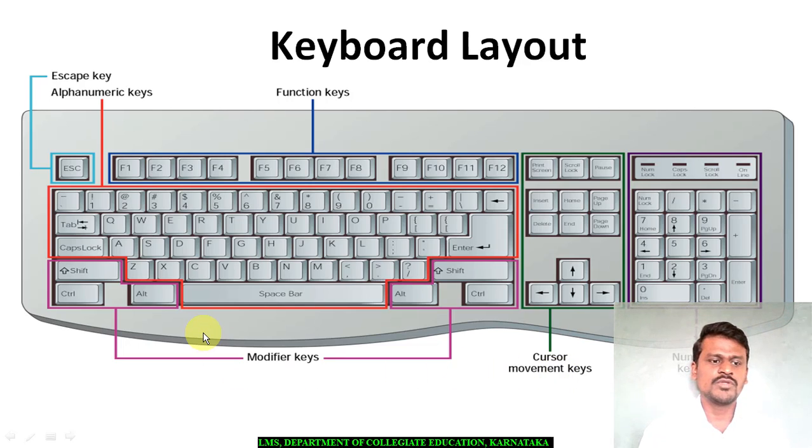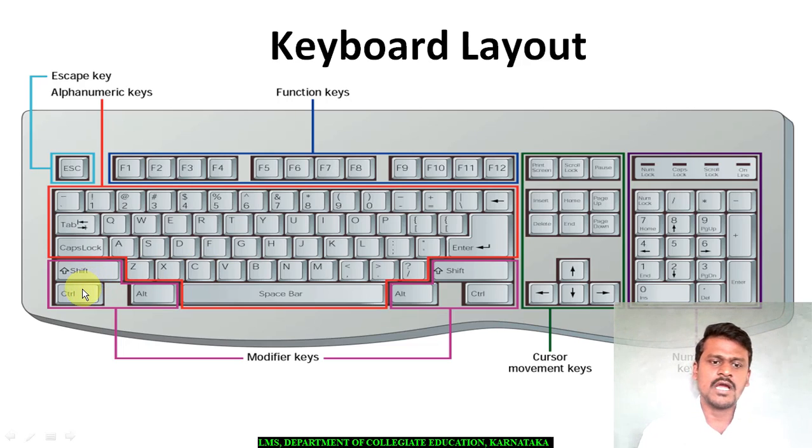Next we will move on to the modifier keys. These modifier keys are shift, control, alt. They are called modifier keys because they have some specific functionality. For example, if you want to copy anything from a document, you can hold the control key and press C, control plus C, then that particular text will be copied.